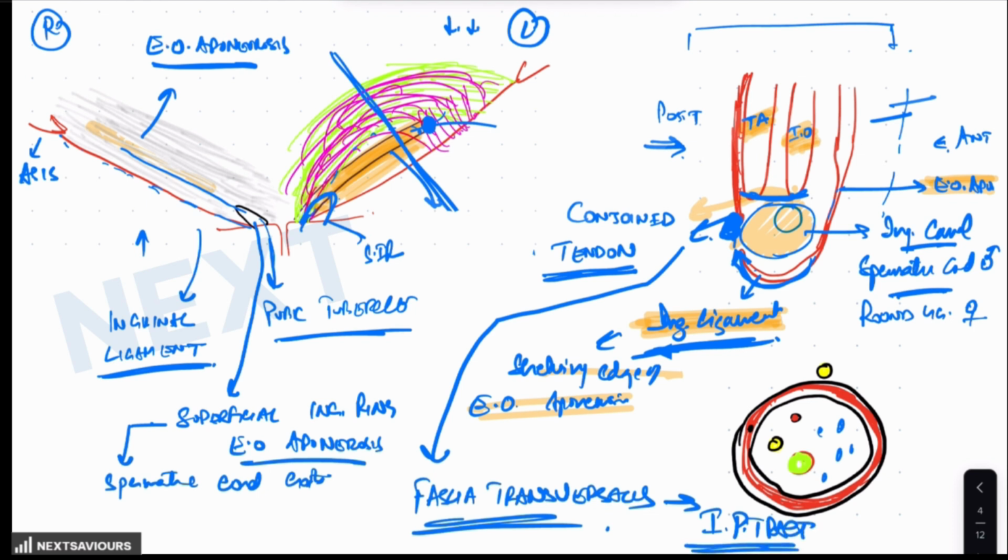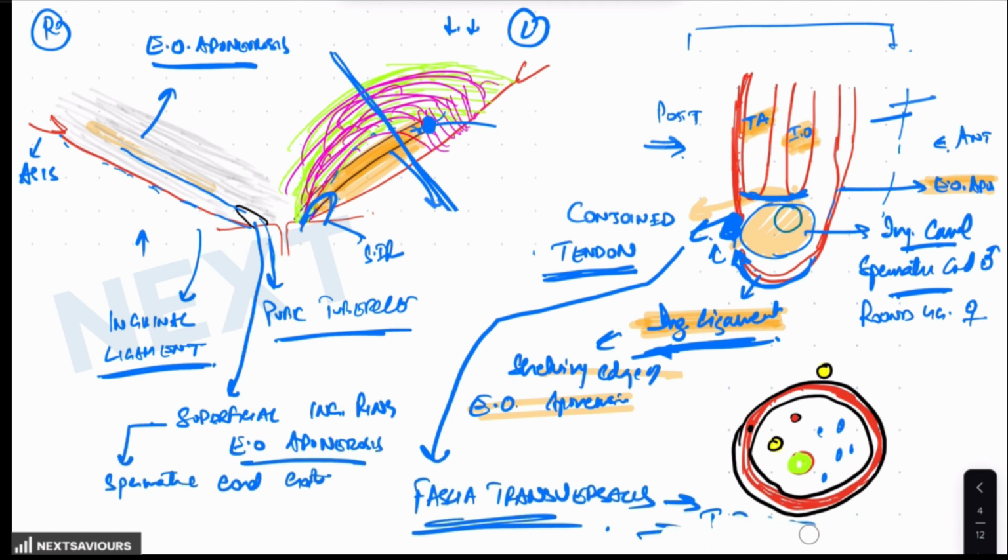This is an important structure. It runs posterior to the inguinal ligament along the entire length from the ASIS up to the pubic tubercle.